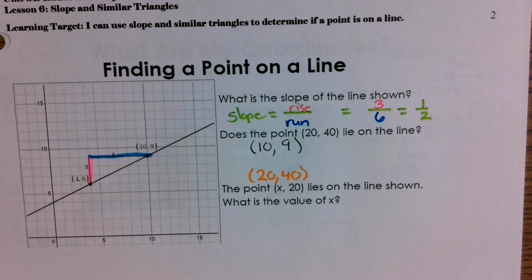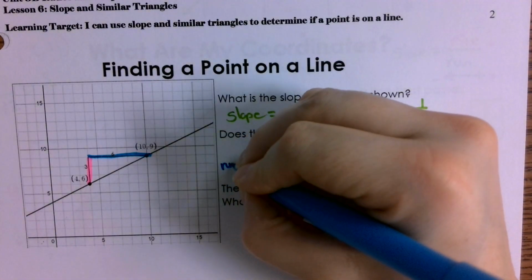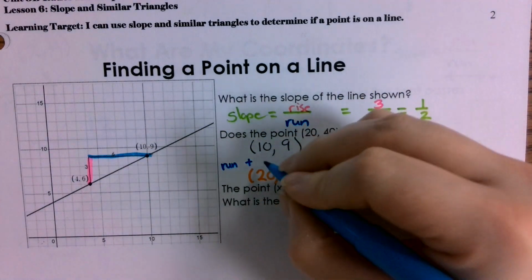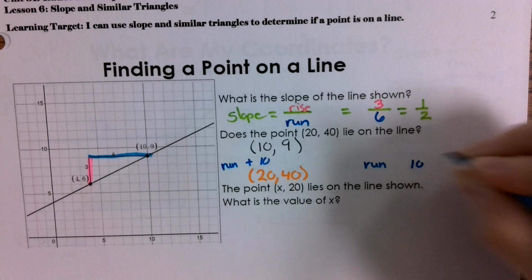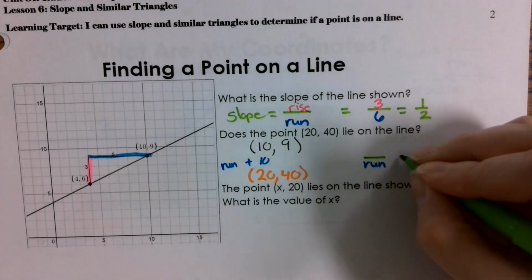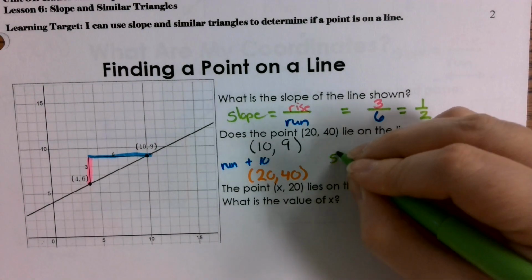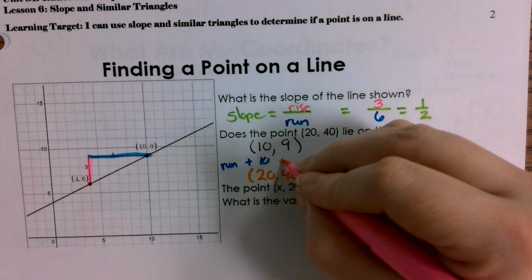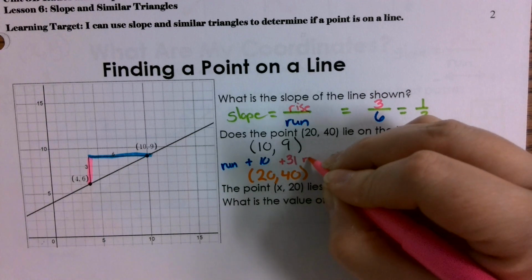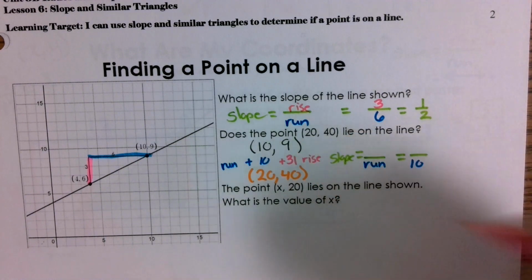That means we'd have a run that is increasing by 10, so a positive 10. And then our rise would have to increase by 31 in order to get from 9 to 40.